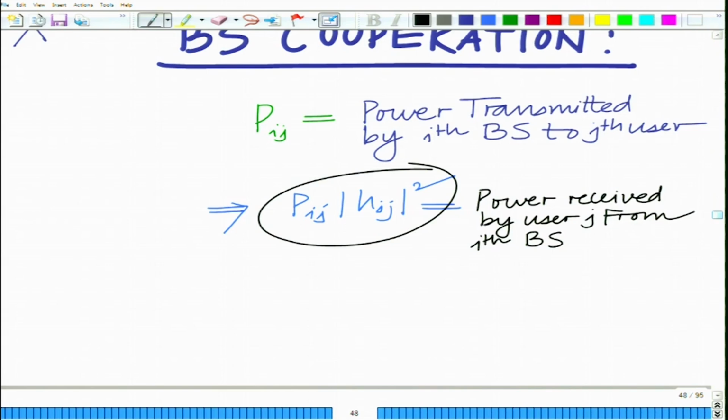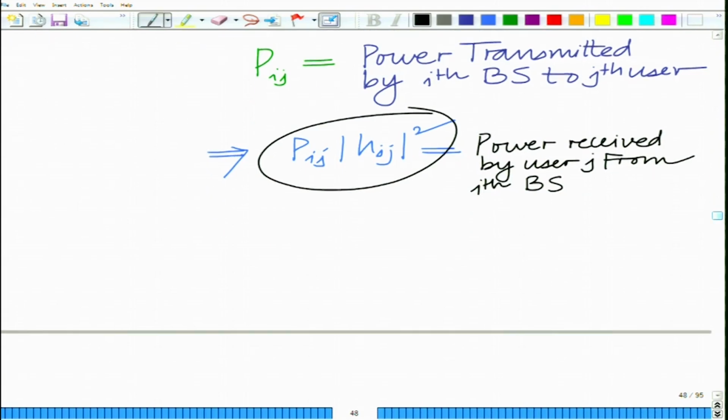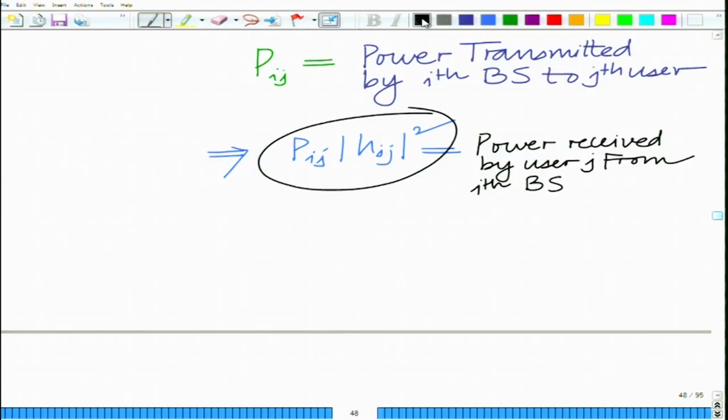Now let us look at the total power received by any particular user j from all the base stations. To compute the total power at user j, you have to sum the power that is received from all the base stations.